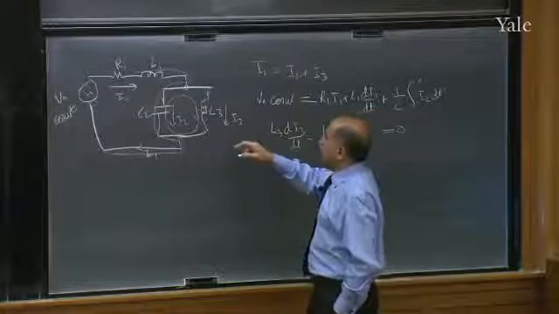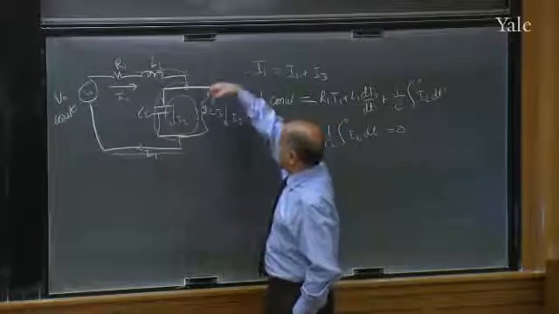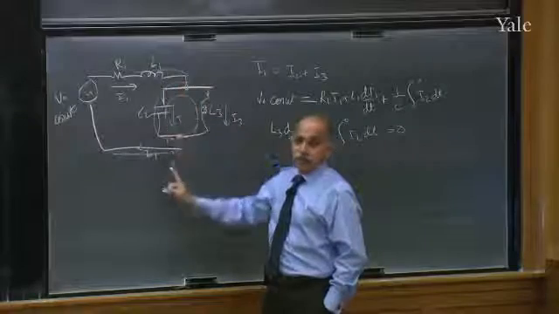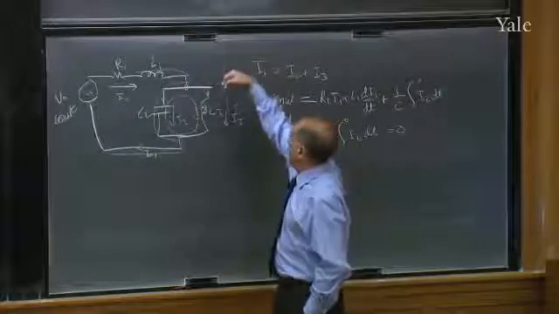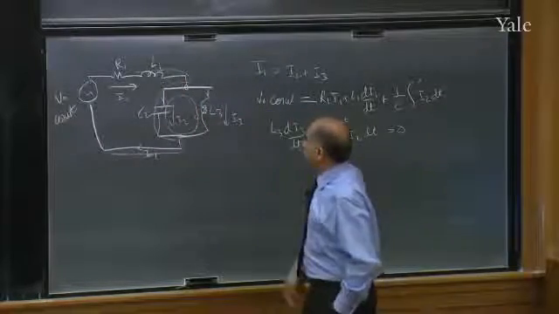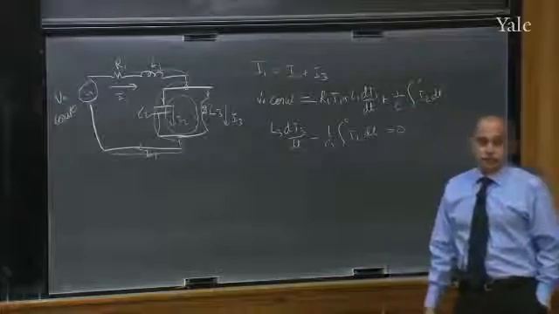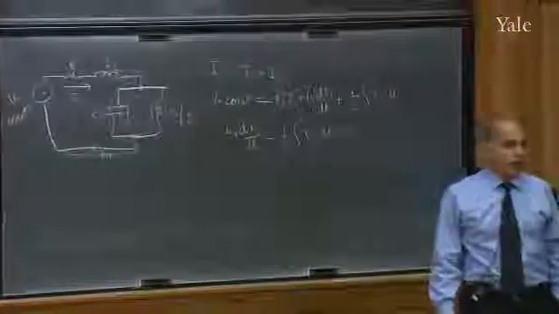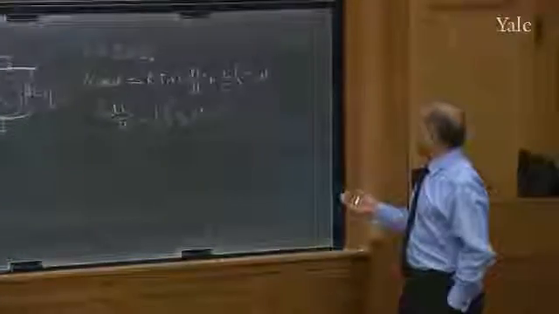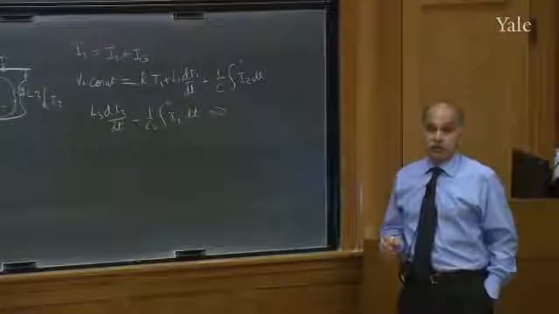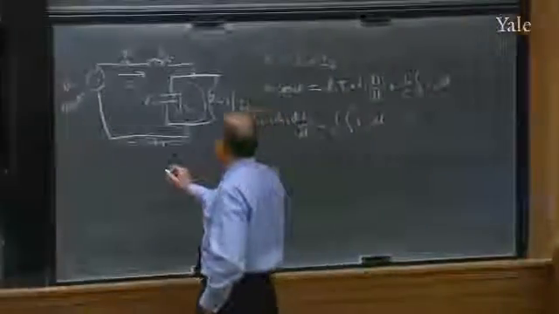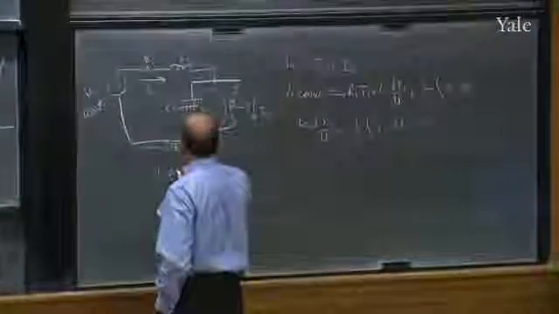The minus sign comes because the current is assumed to flow this way, and your loop goes counter to the current. You're going uphill, so everything should be subtracted. But if you go down, you can write it going down this way. So these are the three equations to solve. They're complicated because there are differentials, there are integrals, and you know what. But if I solve the following problem, V naught e to the i omega t.